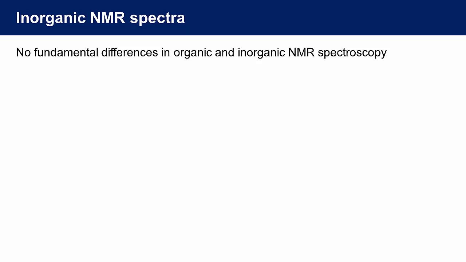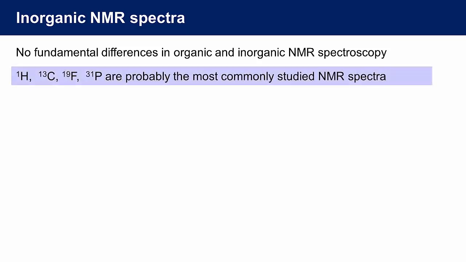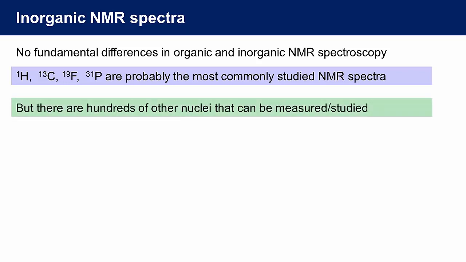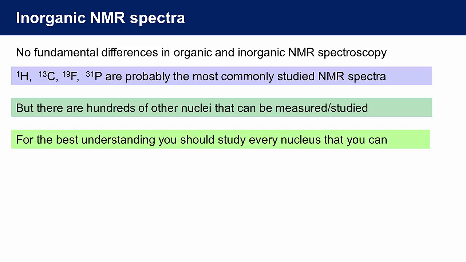Most spectrometers are set up for proton and carbon-13, but also for fluorine-19 and phosphorus-31 studies. And if you're working with fluorine or phosphorus, perhaps you should make use of this. But you should also be aware that there are hundreds of other nuclei that can be studied. And for the most comprehensive understanding of your compound or your system, you really should consider measuring other nuclei when you can.